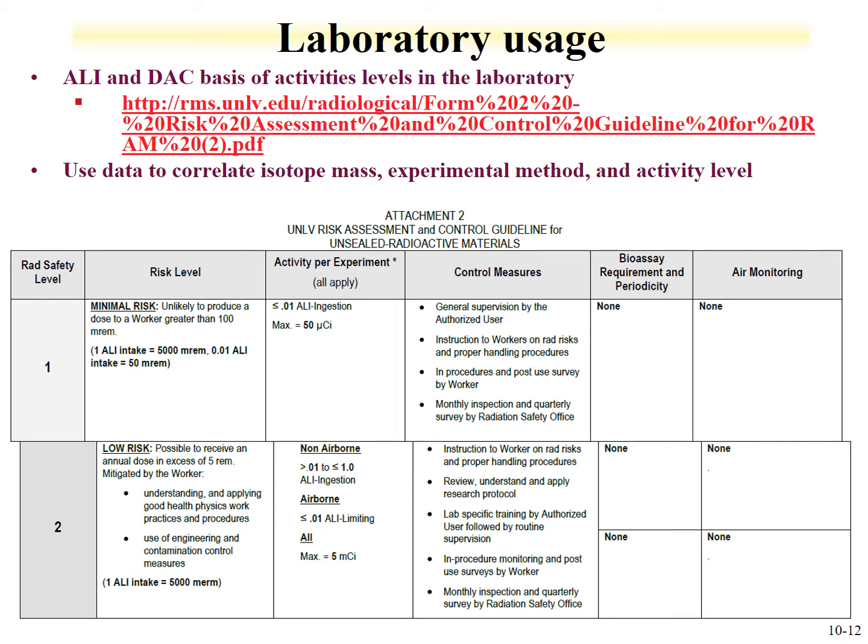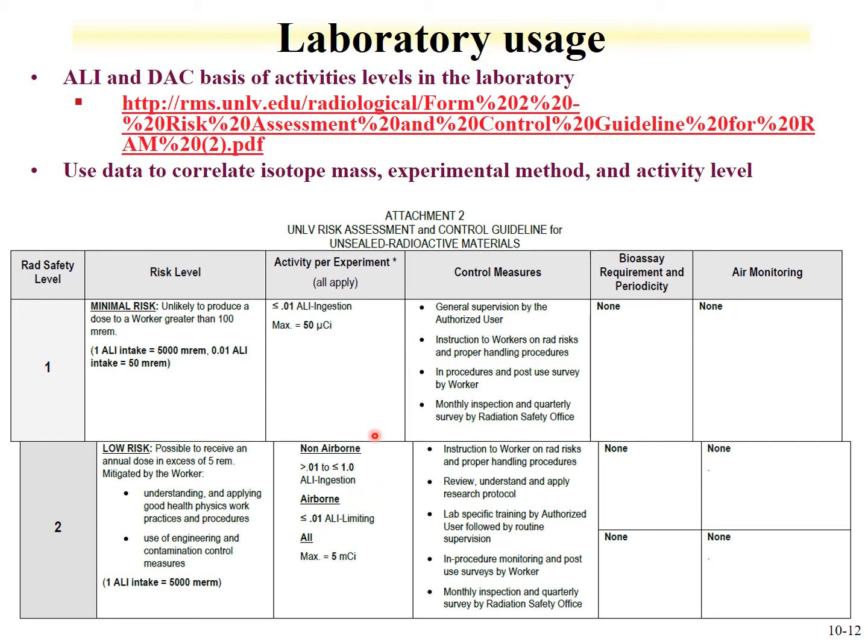So for instance, if all the isotopes that one is working with have an annual limit of intake for ingestion of 0.01 or less of an ALI, that's at rad safety level 1. Very basic work. A wide variety of people can work with this.